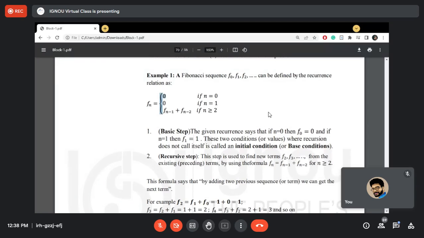If n is equal to 1, you always get 1. If n is greater than or equal to 2, you get the function value that depends on n. If n is 2, you get f(2-1) plus f(2-2), that means f1 plus f0, that means 1 plus 0 equals 1. So this function's values always depend on the previous values.